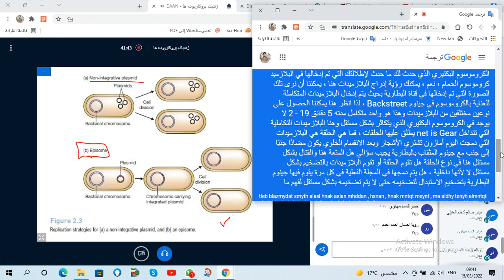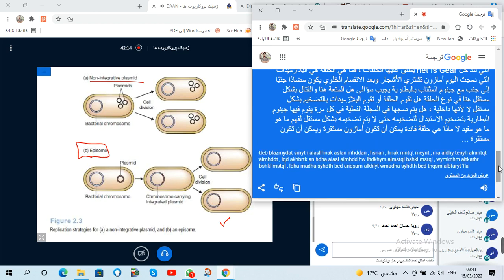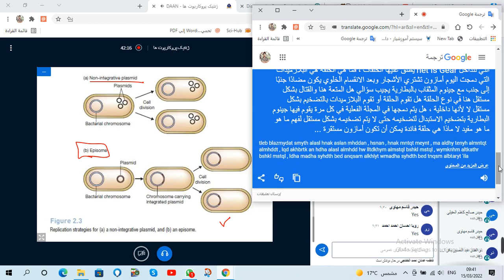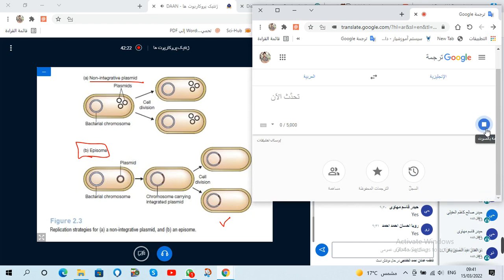What's its benefit? Episome. It can be stable. Episome can be stable. If we have independent plasmids, they can be lost in the cell division.